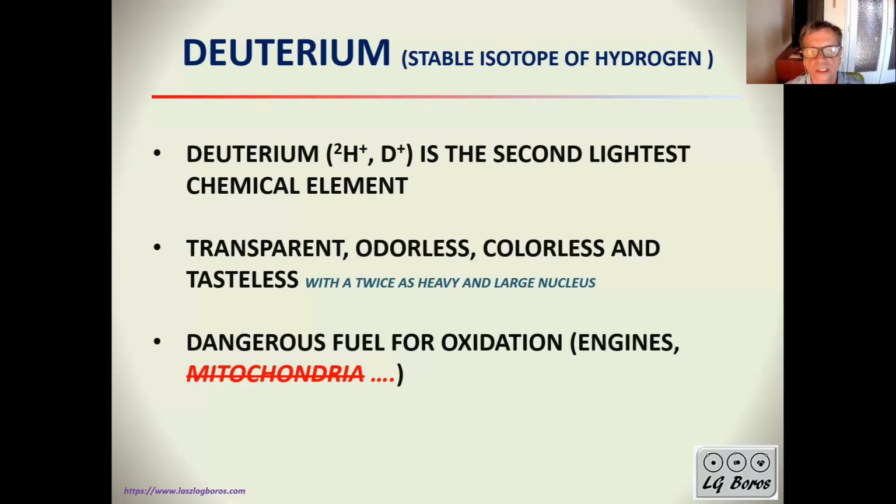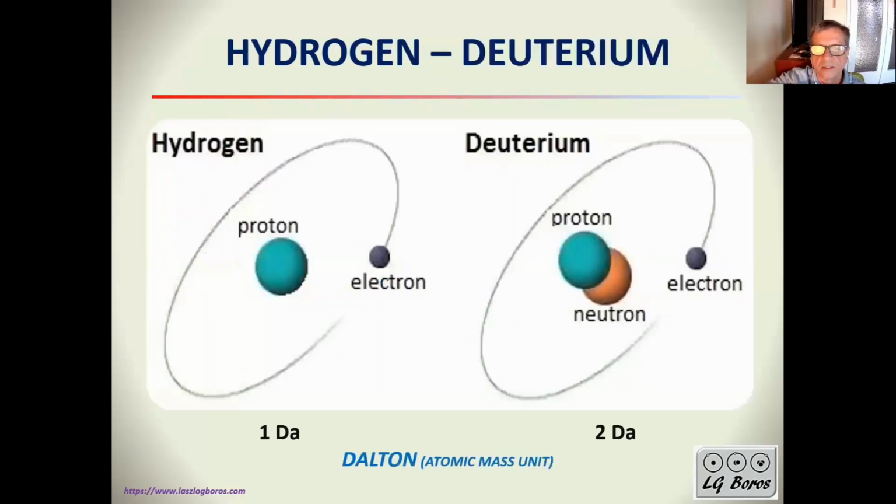So it's very tricky to find just by sense, because it behaves very much the same as hydrogen, but it has a twice as heavy, twice as large nucleus, and it's not very friendly with mitochondria, meaning that mitochondrial oxidation is hampered by deuterium exposure, and we're going to talk about this in more detail.